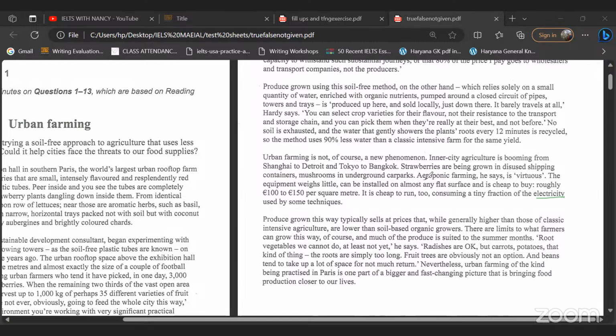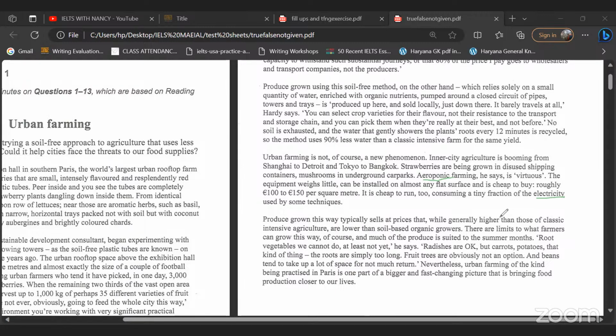They're talking about aeroponic farming, roughly 100 to 150 euros per square meter. It is cheap to run too, consuming a tiny fraction of electricity used by some techniques. So aeroponic is consuming a tiny fraction of electricity. And they are saying urban farming is using electricity, right? Yes.